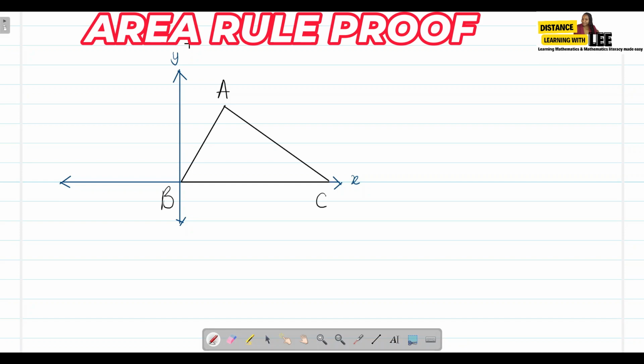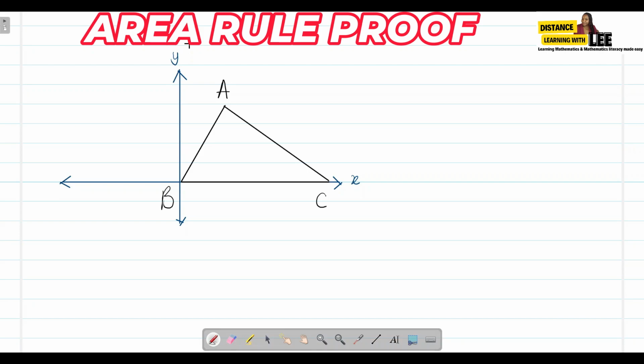But the problem starts when you do not have a right angle triangle. That's when we start to use the sine rule as well as the cos rule to help us calculate the lengths of unknown sides as well as the size of unknown angles.